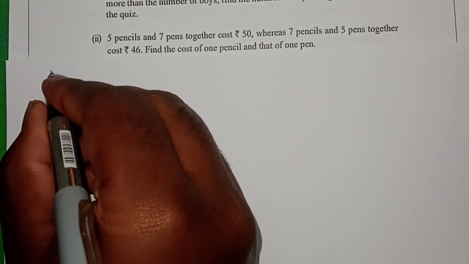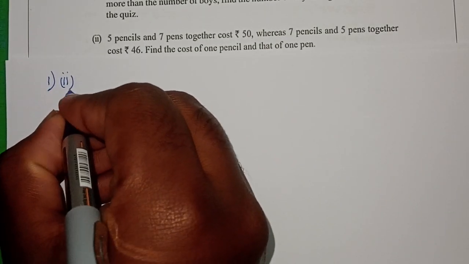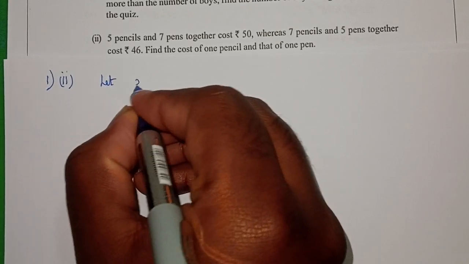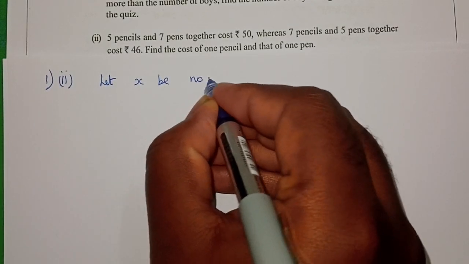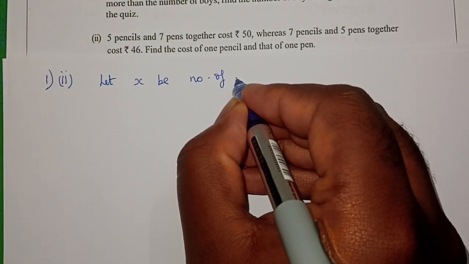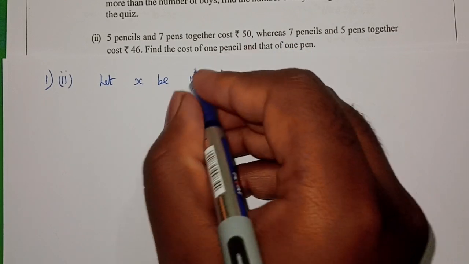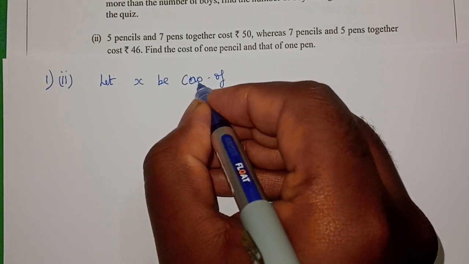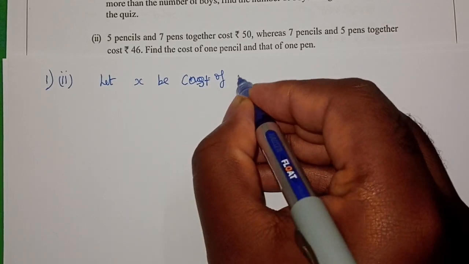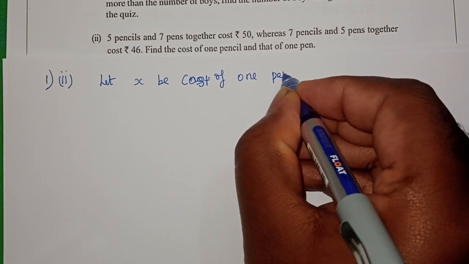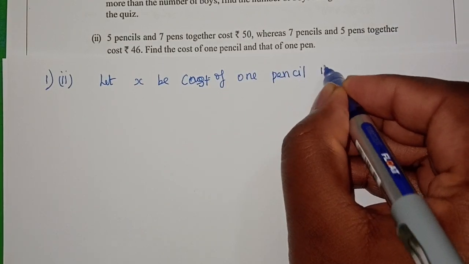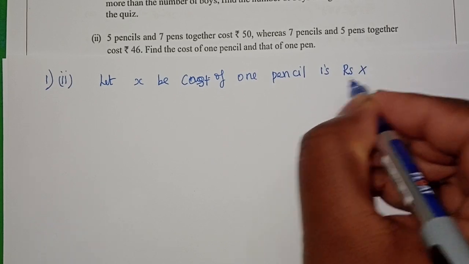Next, second subdivision. Let x be the cost of one pencil, which is rupees x.